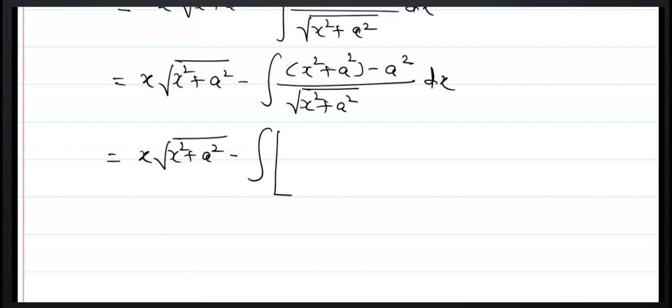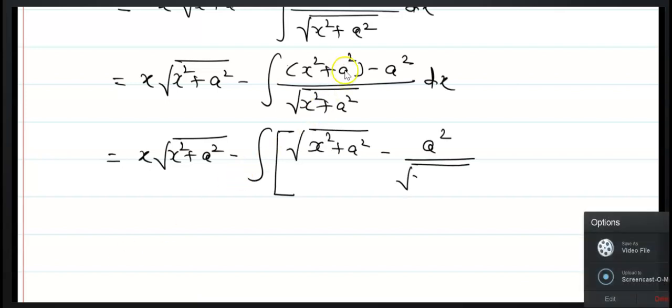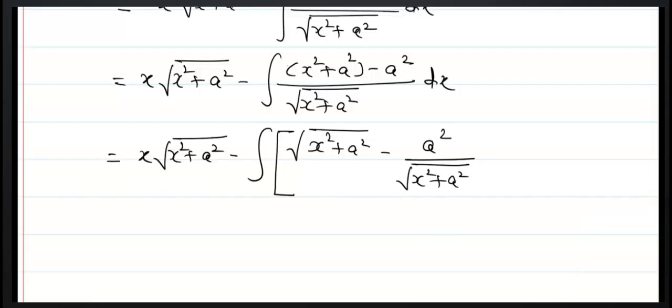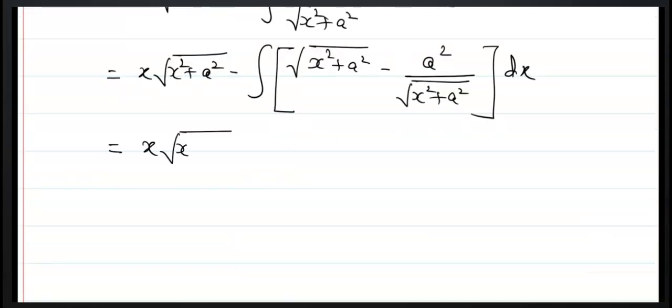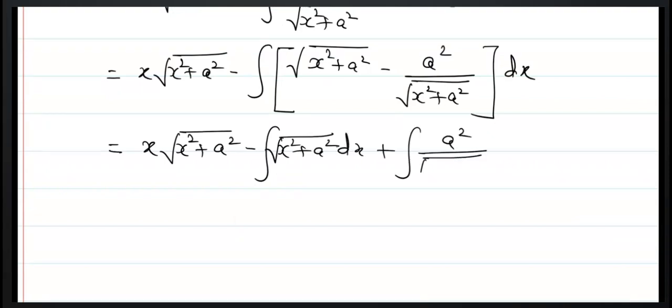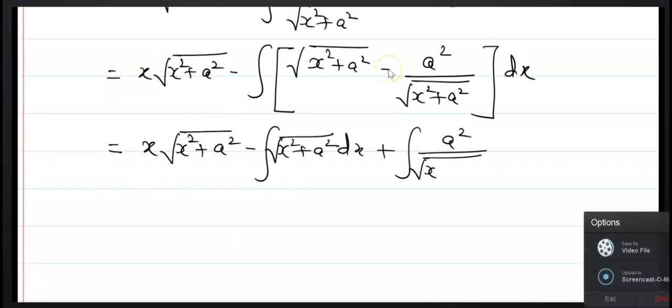Separate it. That is x square plus a square minus a square upon root of x square plus a square. If we separate this, that is x square plus a square divided by root of x square plus a square, minus a square upon root of x square plus a square. Then if we evaluate it, you will get x root of x square plus a square minus, and this minus minus will become plus.